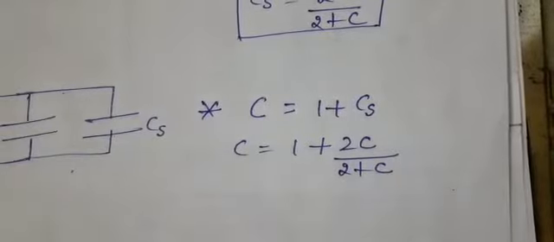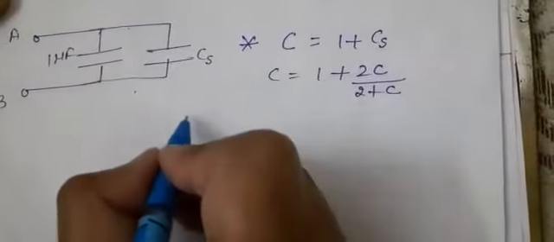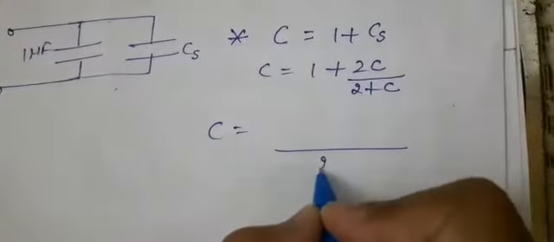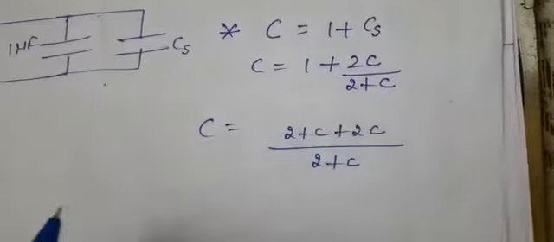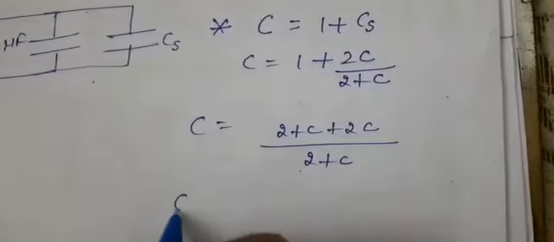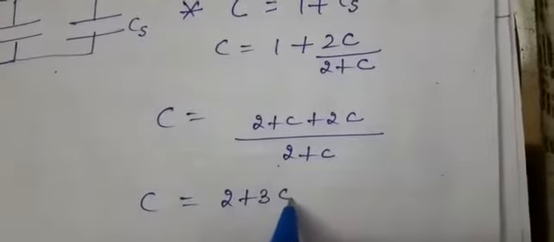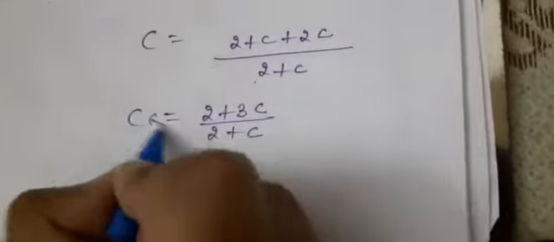It is just your mathematical part; however strong you are in maths, you can simply solve it. So this will come out to be, C equal to, let me take its LCM first, (2 plus C plus 2C) upon 2 plus C. If we solve it, this is (2 plus 3C) upon 2 plus C. Cross multiply.